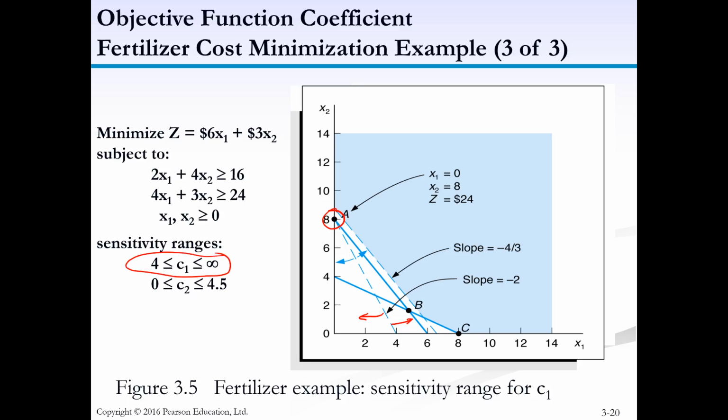Similarly, we can see for C2 as well that with the same isocost line, when we start increasing the second coefficient from 3, at 4.5 it will shift from A to B. On the other hand, if we start decreasing, we can decrease the cost to 0.